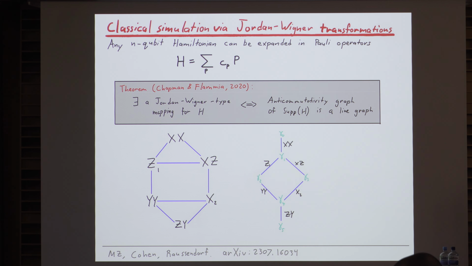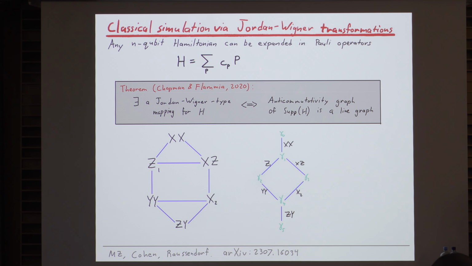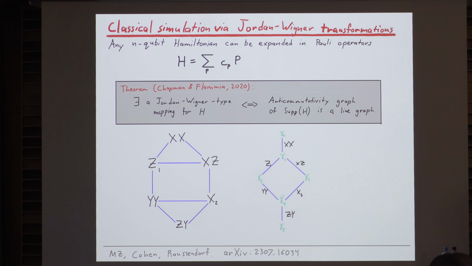So their theorem says you look at the anti-commutativity graph of the support of the Hamiltonian, so the Pauli operators that appear in this expansion. If this anti-commutativity graph is a line graph, then there exists one of these Jordan-Wigner style transformations, or mapping to free fermions.